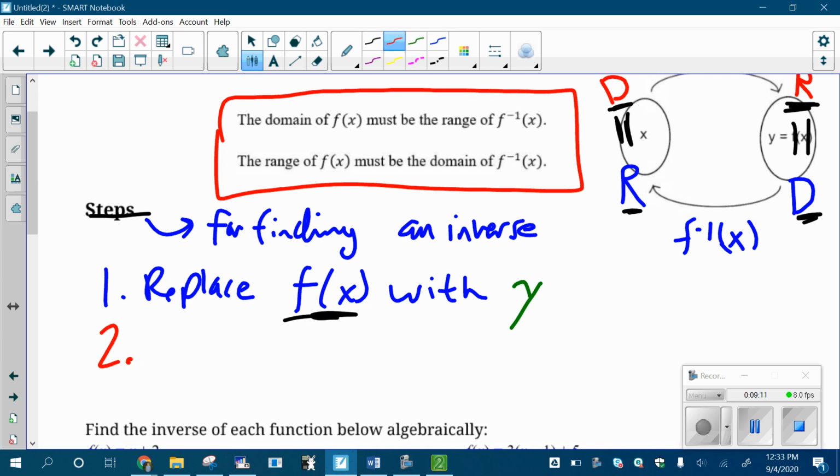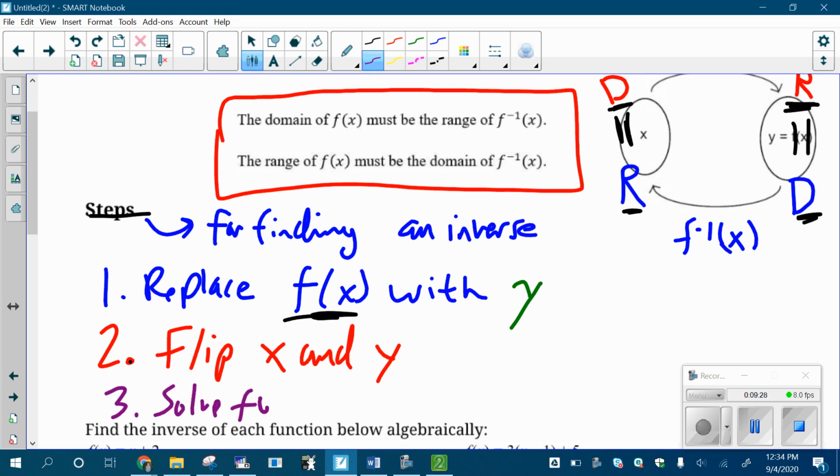Second step is the key step. You flip x and y. Everywhere there was an x, you put a y. Everywhere there was a y, you put an x. You flip the x and the y. Lastly, you solve for y. And you need to know these 3 steps. These are the 3 steps for finding an inverse.